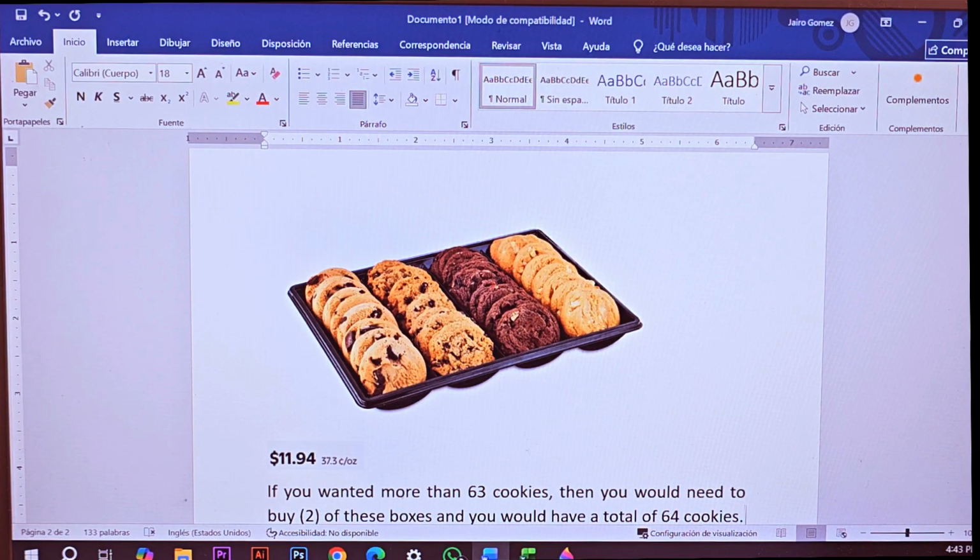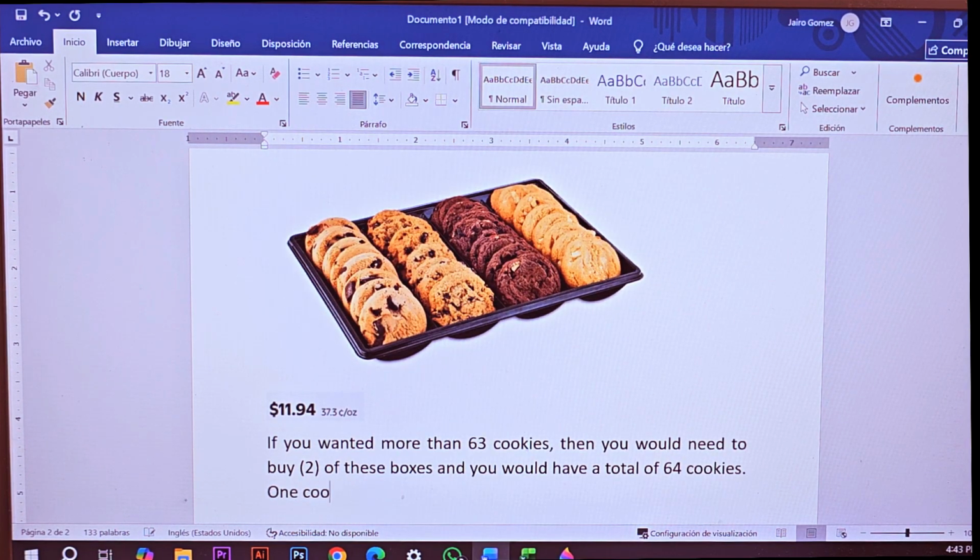So 1 cookie to spare. So in total, you would need roughly $23.88. So that's your total for those 2 boxes from the grocery store.